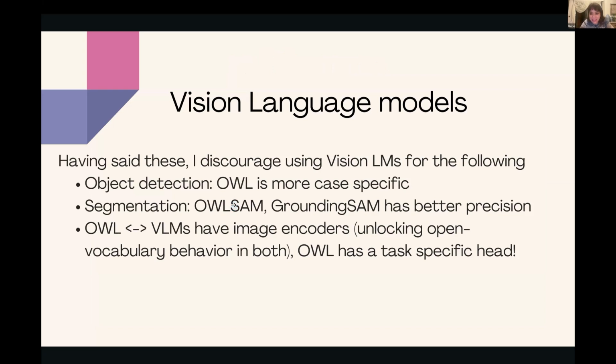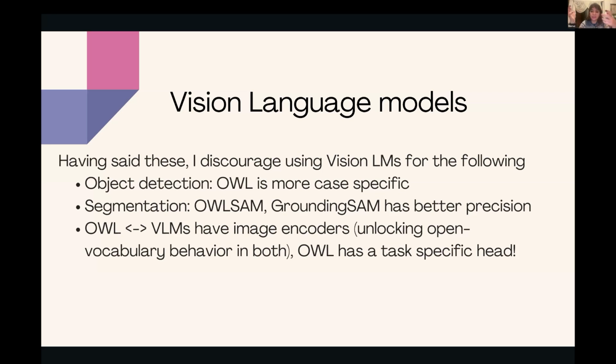And having said this, I really discourage using vision language models for segmentation or object detection. The reason why is that what makes these zero-shot models is actually the image encoder. Also for OWL, it's the text encoder as well. And OWL is a more task-specific model. Both of them share more or less the same components, but vision language models are actually more generic for many tasks.